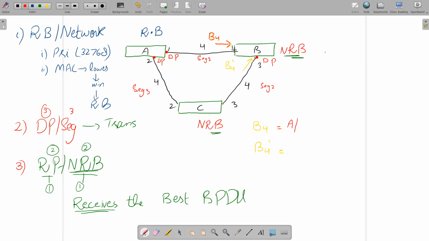Now you are receiving the BPDUs. That means you have reached this port, you have crossed that link, you have paid the cost, you have paid the fare. You start writing from here and you have reached your destination. That means you need to pay your fare. Now you are at the receiving side, not the transmission side. So you have reached this interface. That means your cost is 4.